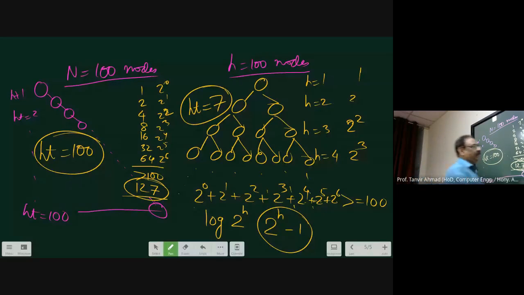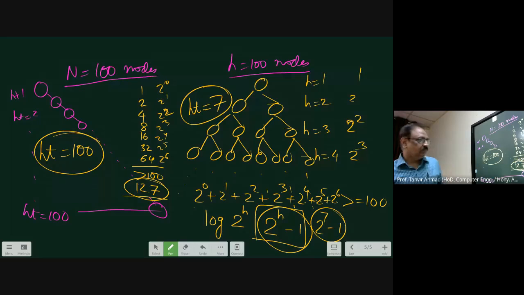See, 2 to the power 7 minus 1, how much is it? 127. That means the maximum number of nodes in a tree with height equal to h is nothing but 2 to the power h minus 1. And this formula is perfect for that. Correct?